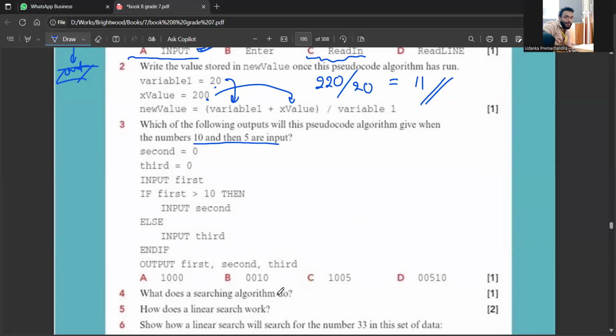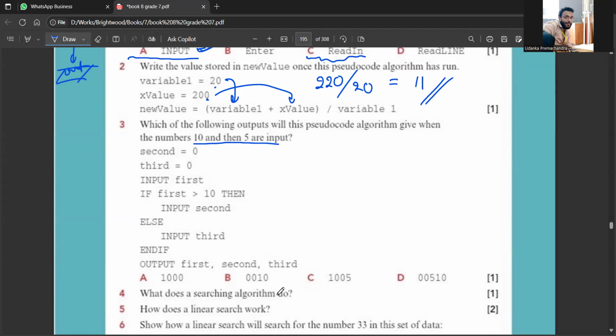If the first value is greater than 10, then output second; otherwise input third. What is the output? First, second, third.